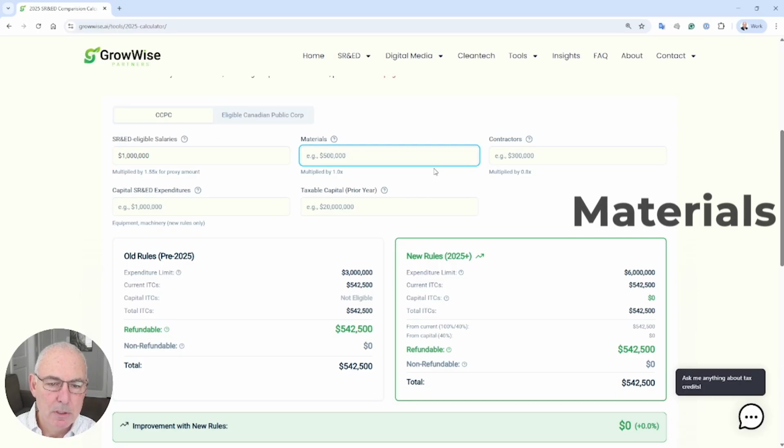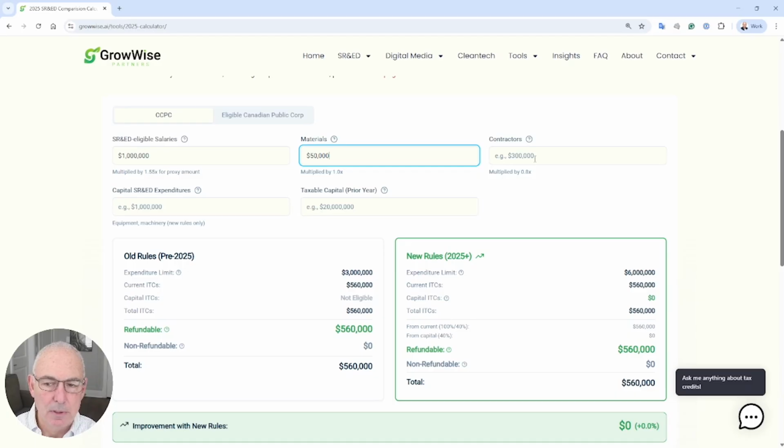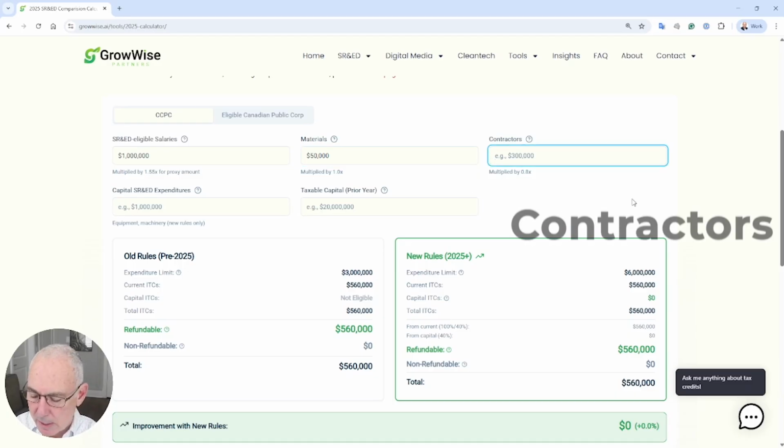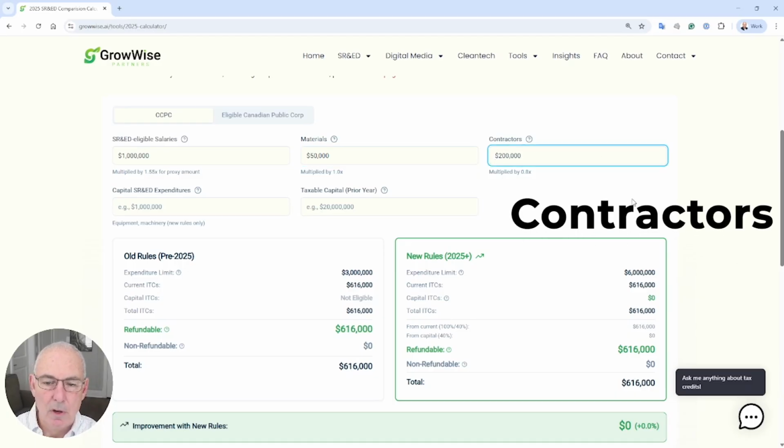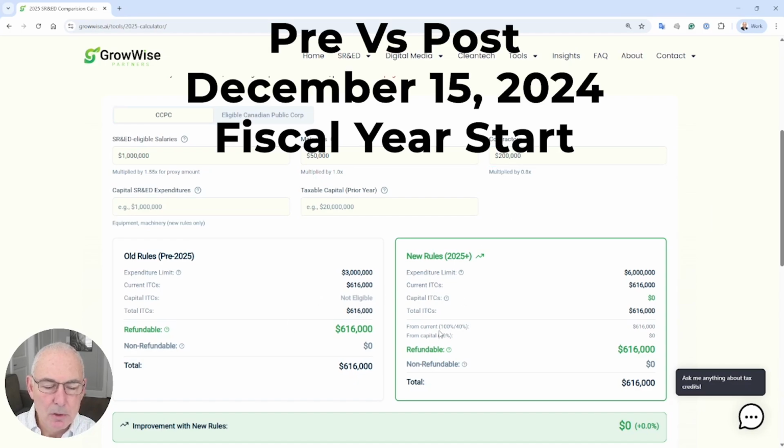If I add a few materials here, let's say they spent $50,000 on materials, again, there's no difference. And even if I add some contractors, maybe $200,000 worth of contractor expenses, while it's calculating the federal refund accurately, there's still no difference between the old rules and the new rules.